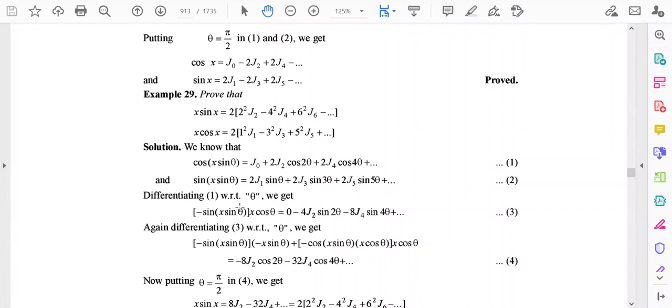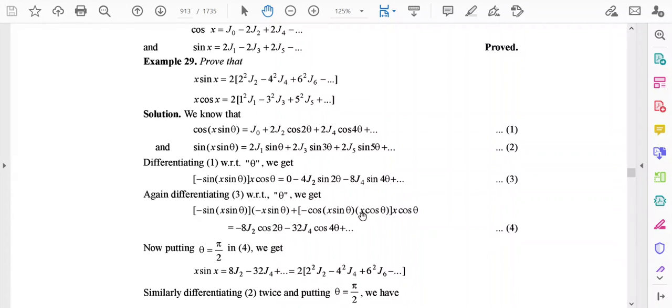Again we have to differentiate equation 3 with respect to theta. So if we again differentiate equation 3 with respect to theta, this is the form of the left hand side, and you can differentiate it by the standard rule. For example, suppose this is sin of x sin theta, this is the first term, and this is the second term.